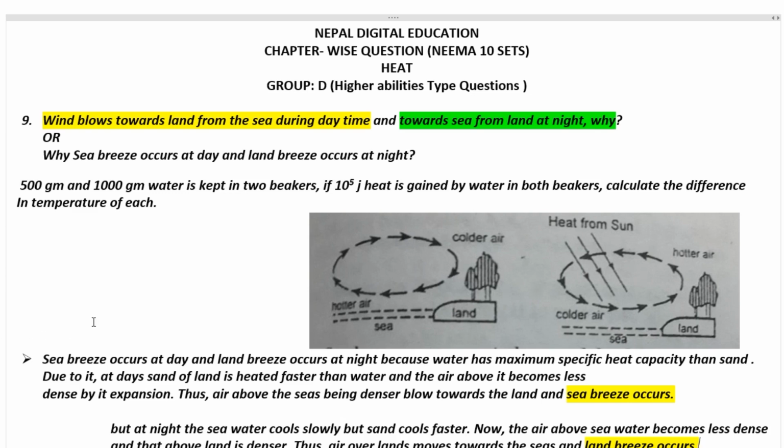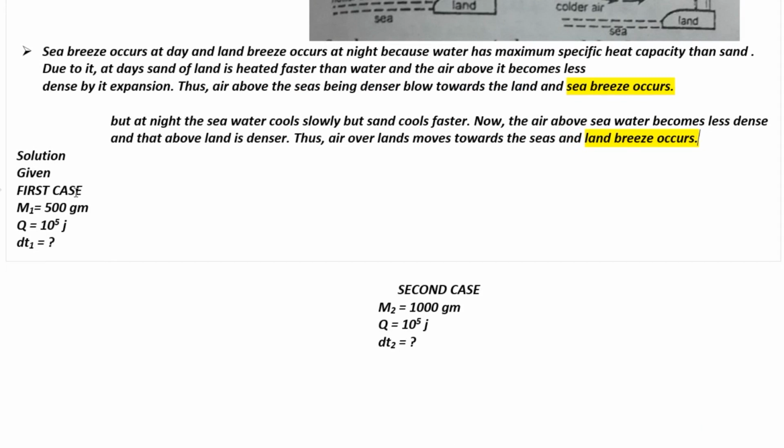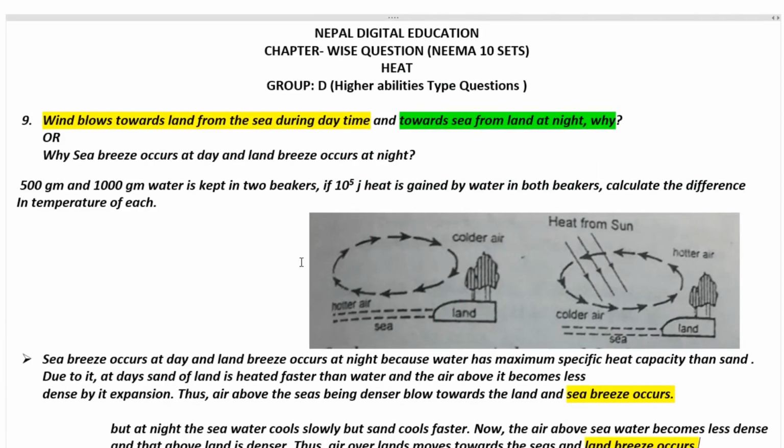So let us look at the problem. 500 gram and 1000 gram of water is kept in two beakers. If 10 to the power 5 joule heat is gained by water in both beakers, calculate the difference in temperature of each. So we have two cases. First case, mass is 500 gram, Q is 10 to the power 5, and second case, mass is 1000 gram and Q is the same.